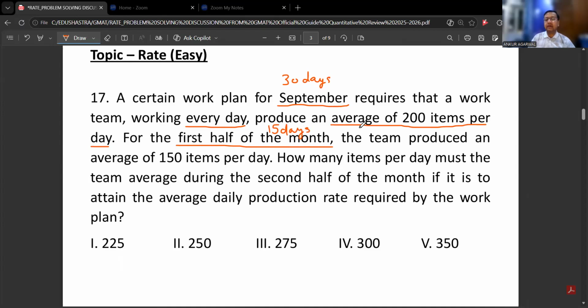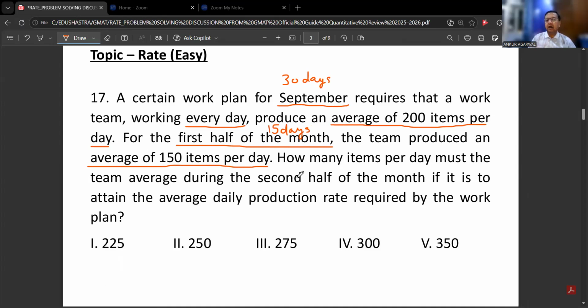That is the first half. The team produced an average of 150 items per day. There is a shortfall, right? We have to produce 200 items per day, but we are producing only 150 items per day in the first half, that is the first 15 days.